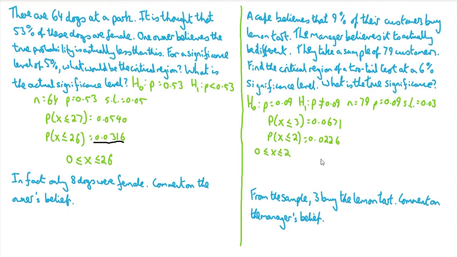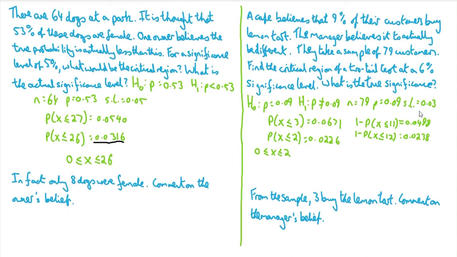Now, as for the upper critical region, because we're going to be looking at x is greater than or equal to, essentially we're going to be using our 1 minus the less thans. So if we had 1 minus the probability of x being less than or equal to 11, you get 0.0498. Well, this is greater than the significance level, so we're going to have to move on. To do 1 minus the probability that x is less than or equal to 12 next, that gets you 0.0238.